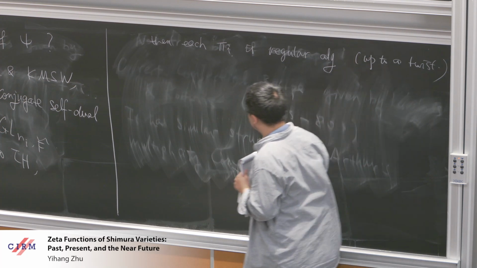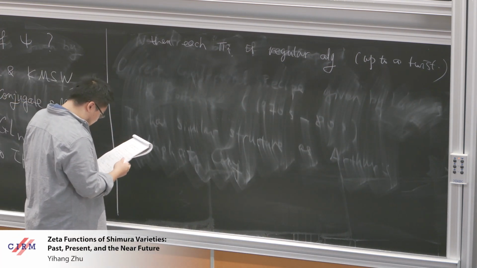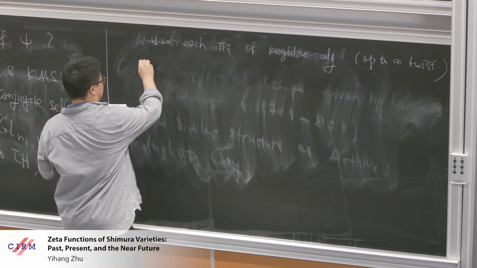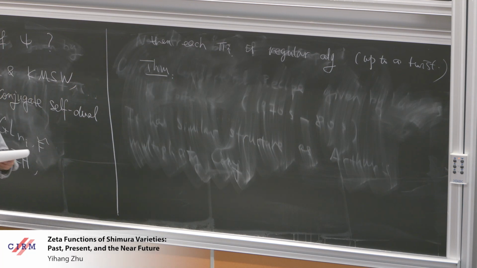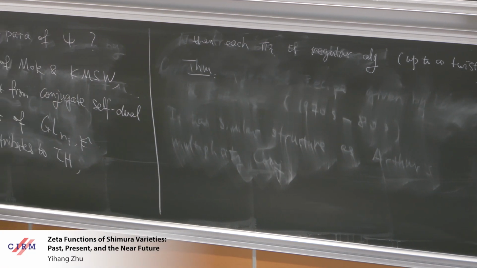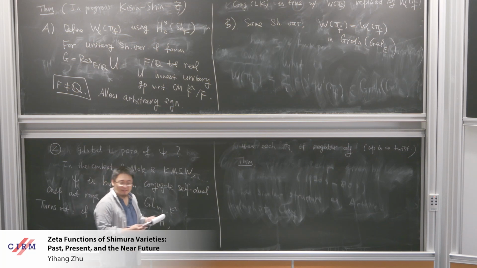And then we can see the Galois group now by this famous theorem due to a long list of people, including Labesse. The history of this theorem is very complicated, so I'm going to list the names in alphabetical order.